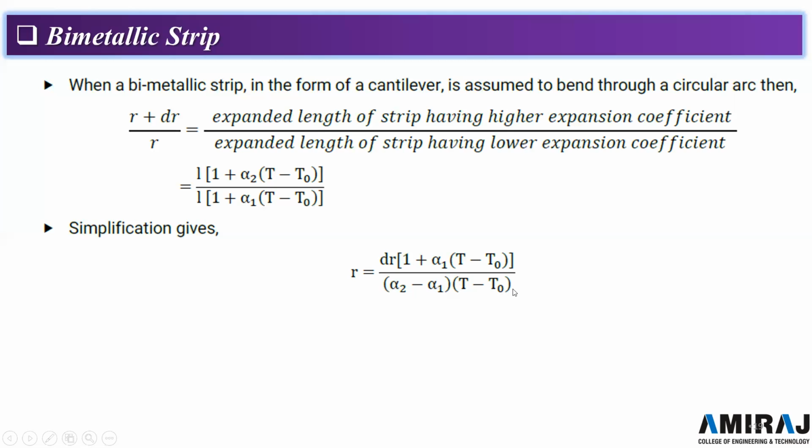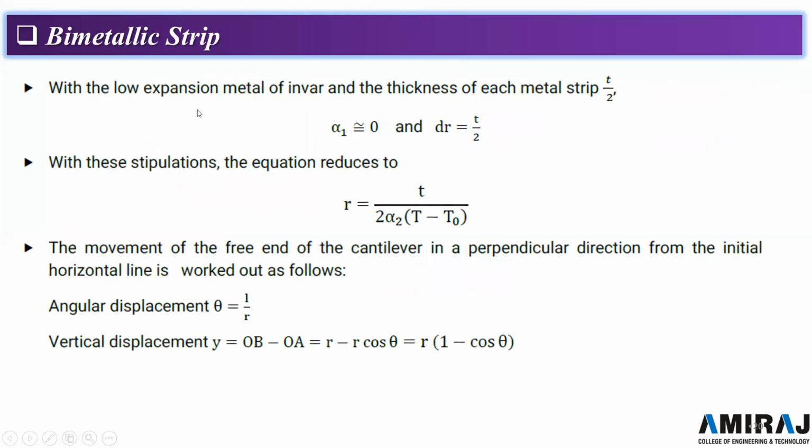So this is the equation for the radius of curvature. With a low expansion metal of invar and thickness of each metal strip T by 2, alpha 1 is approximately 0 and dr is equal to T by 2. So with these stipulations, the equation reduces to R is equal to T upon 2 alpha 2 into (t minus t0).